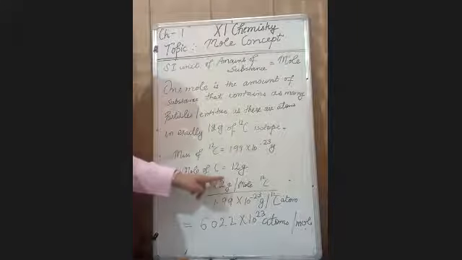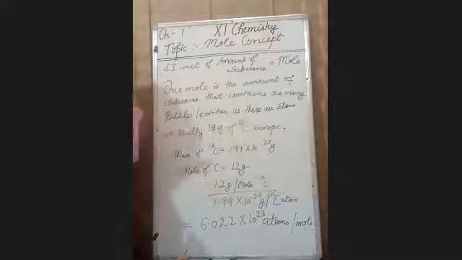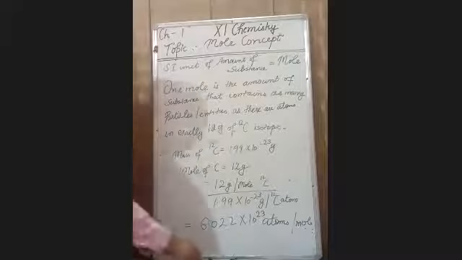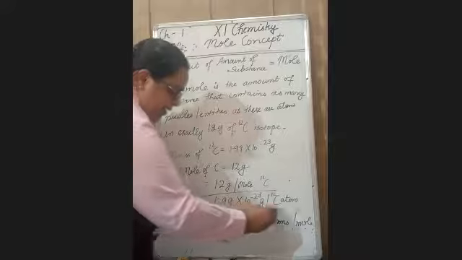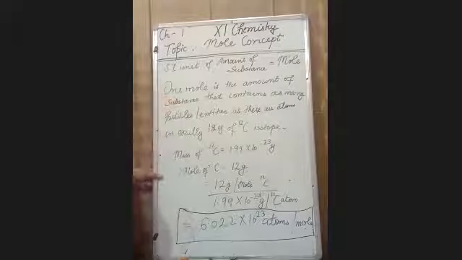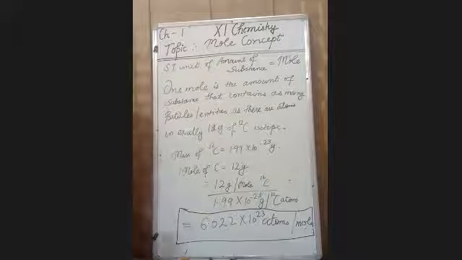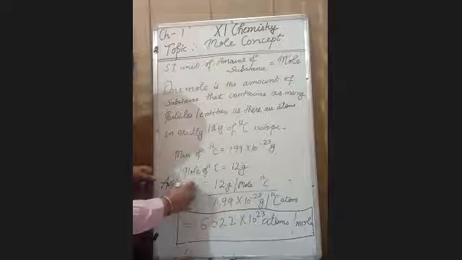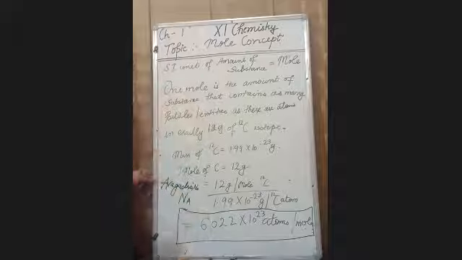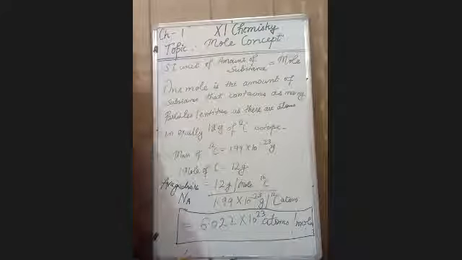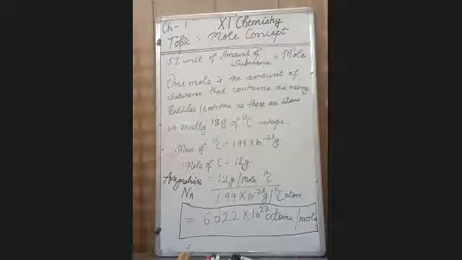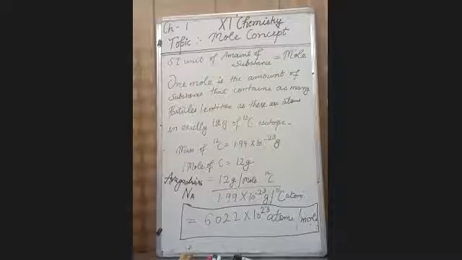And 1 mole of carbon is equal to 12 gram per mole. 12 gram per mole divided by the mass of one atom of carbon gives a value equal to 6.022 into 10 raised to power 23 atoms per mole, and this value is known as Avogadro's number or constant, represented by Na, which contains 6.022 into 10 raised to power 23 atoms per mole. Fine.